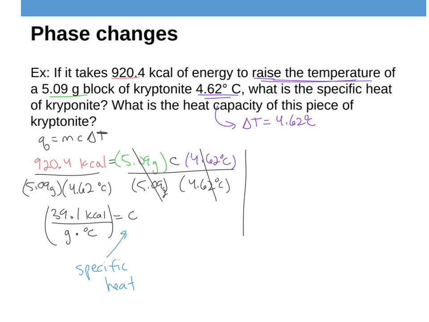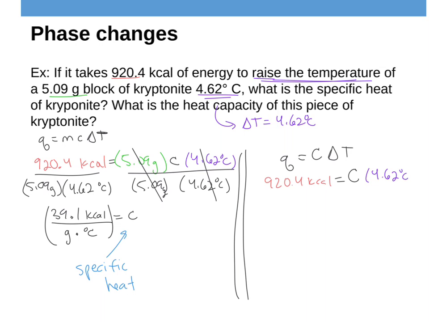Now, if I want to do the follow-up question, which is what's the heat capacity, now I'm just doing Q equals big C delta T, and I can use the same values that I had before, right? I had 920.4 kilocalories. I don't know the heat capacity, that big C, but I do know that the change in temperature is still 4.62 degrees Celsius. So I'll divide both sides by 4.62.